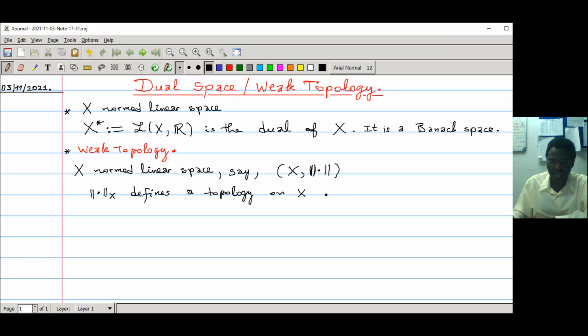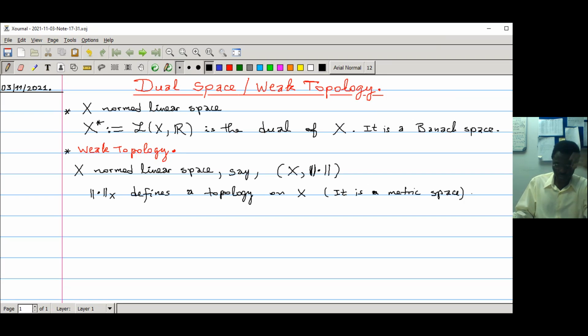Because it's a metric space, right? And we know that if I have a metric space, I can always define the underlying topology of a metric space.